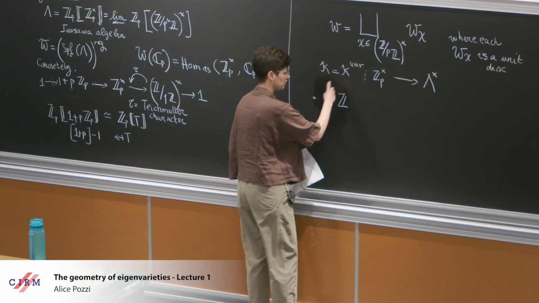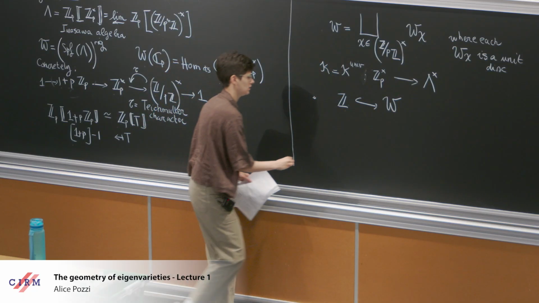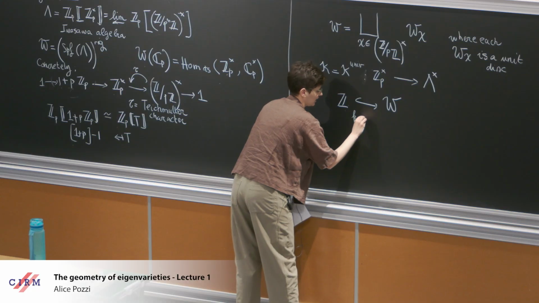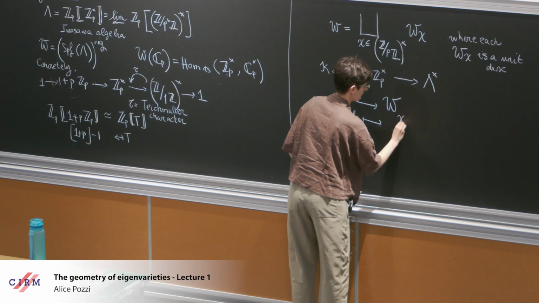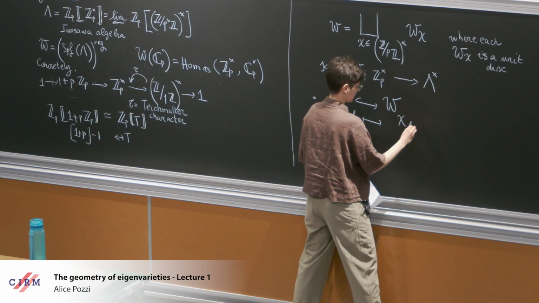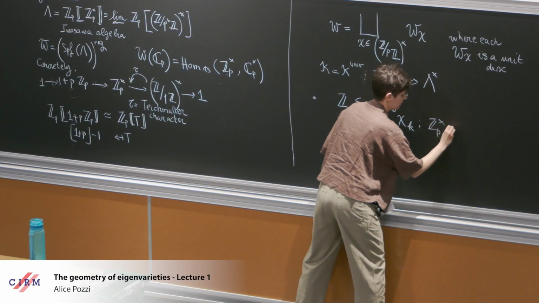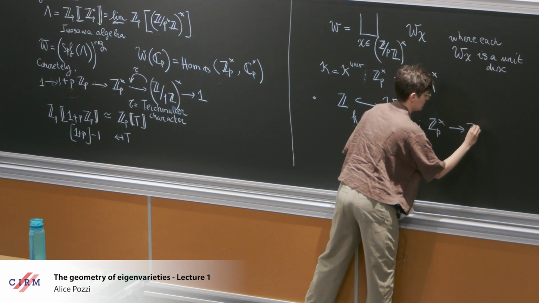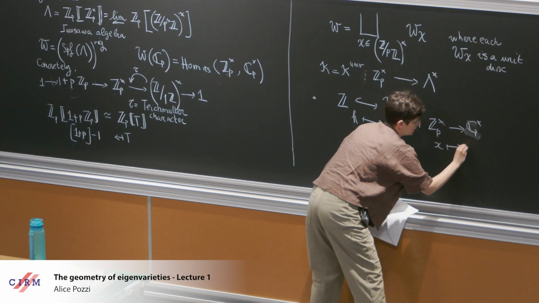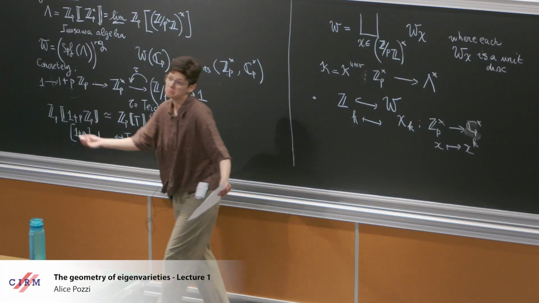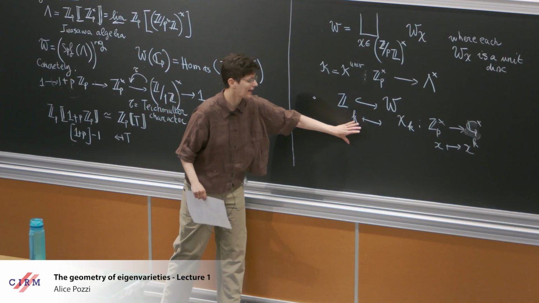So I'm going to view the integer weights inside W by taking a k to the character psi k that sends Zp star to itself, well, I guess we are taking the target to be Cp star, and takes an element to itself raised to the power k. So this is a reasonable way to consider our classical characters.